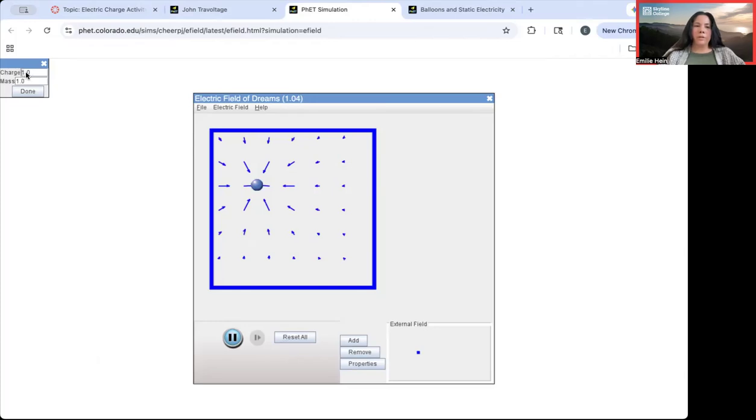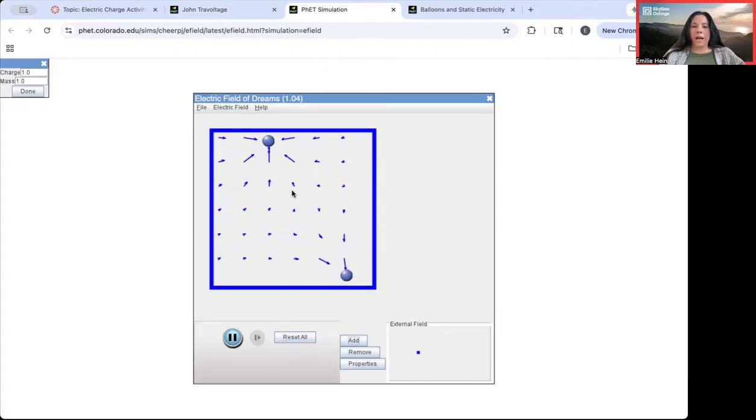You could change this, and I actually added another negative charge. There are a number of things you can try out.